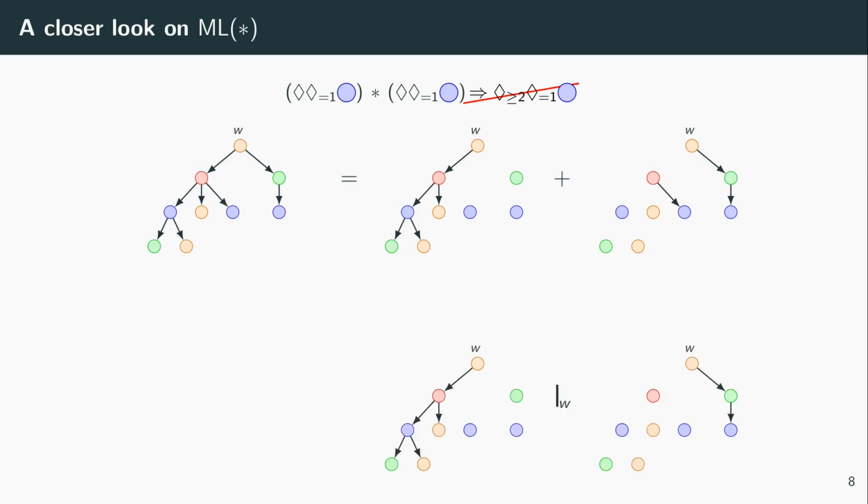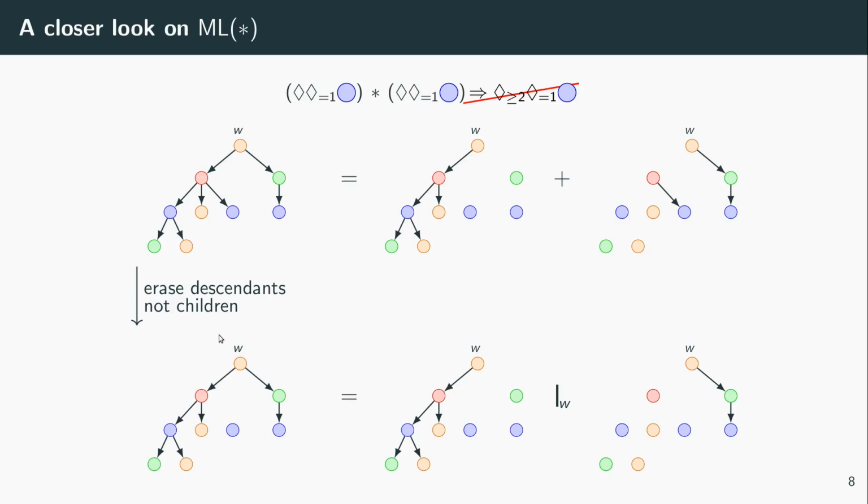And if we do so, we obtain two forests that are in the chop relation. Now, when I combine these two forests, I obtain a forest that can be obtained from the original one by removing some descendants of W that are not children.